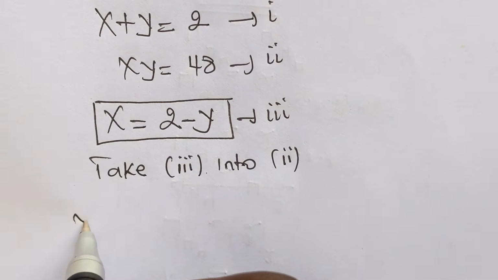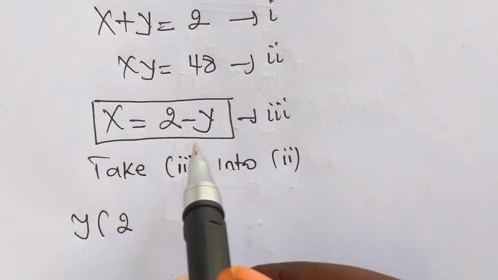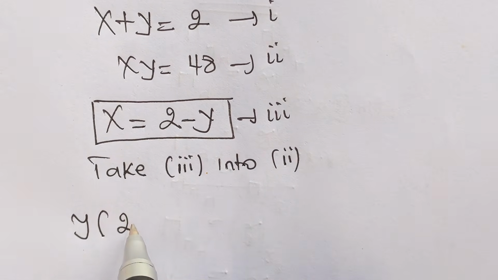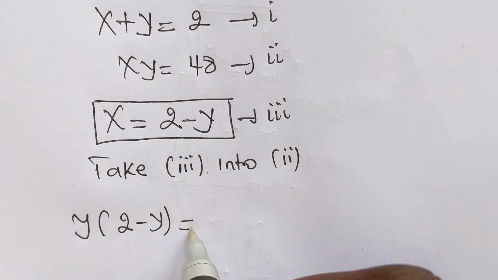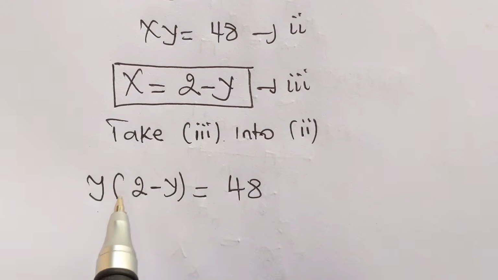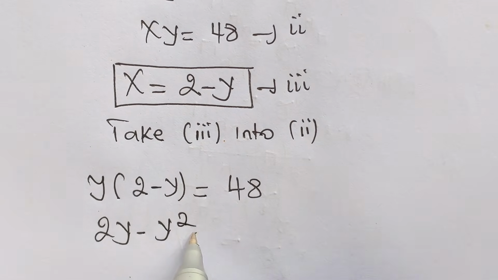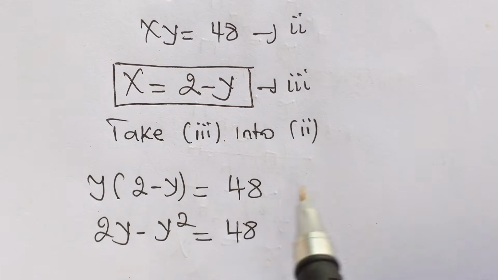What should we get? We should get y times x, which is 2 minus y, equals 48. And here we shall get 2y minus y squared is equal to 48.